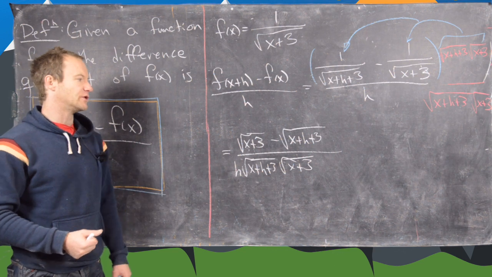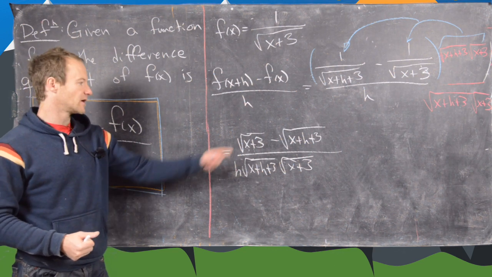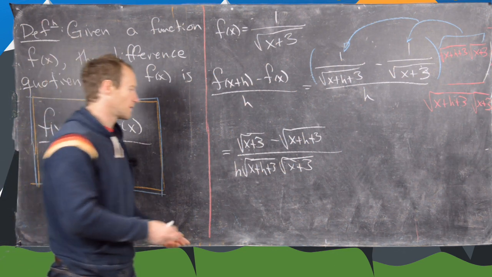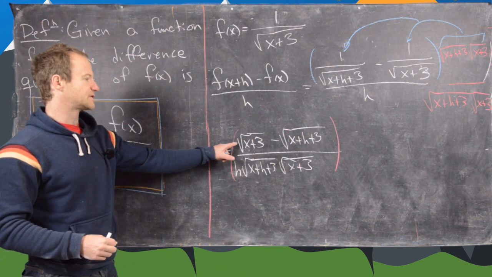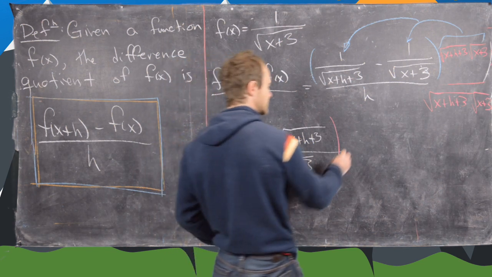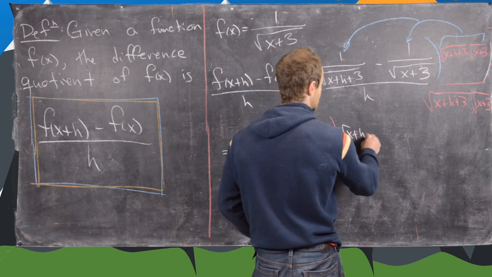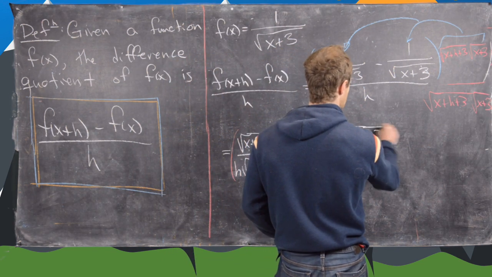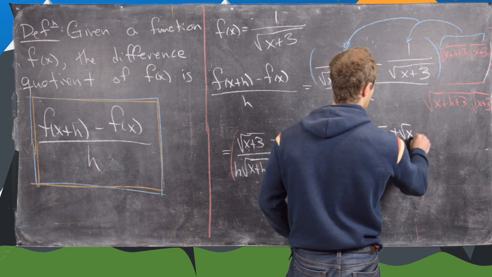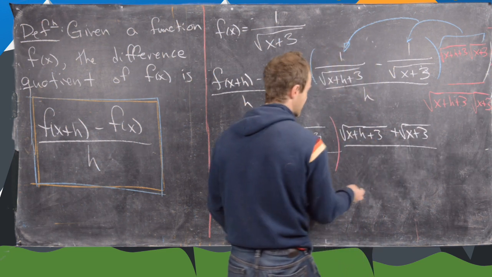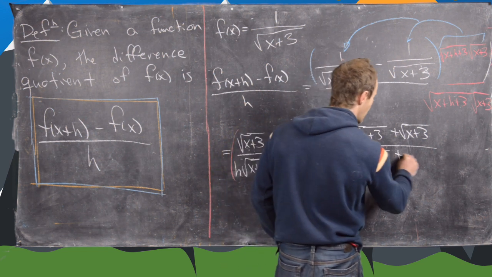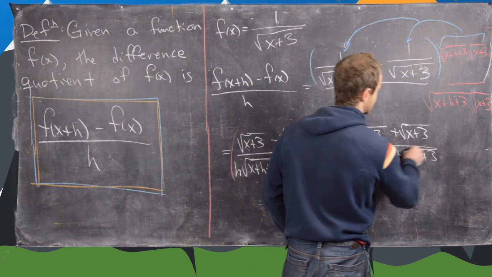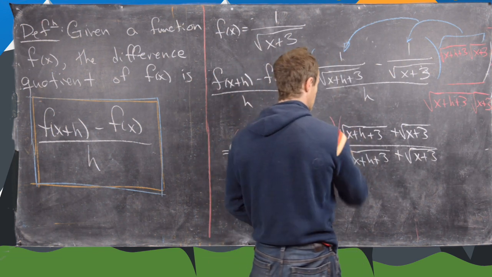Now the next thing we want to do is rationalize the numerator to make it simplify more. If we rationalize the numerator, that means we need to multiply by the sum of these two things. So that would be the square root of x plus h plus 3 plus the square root of x plus 3, over the same thing. Okay, good.